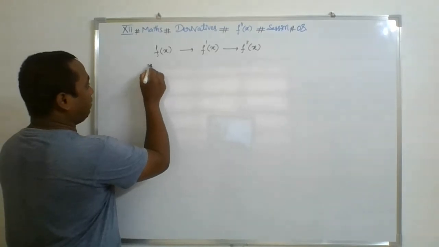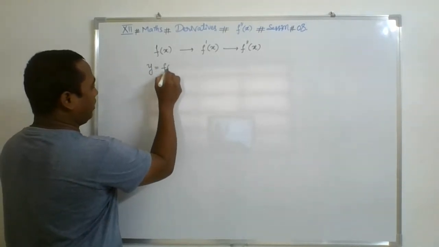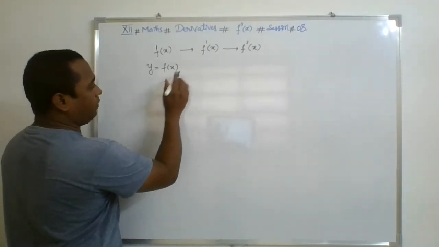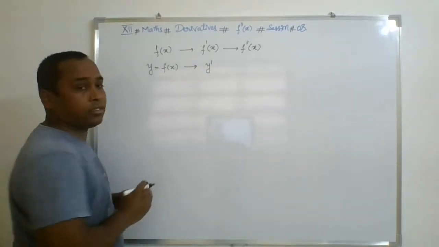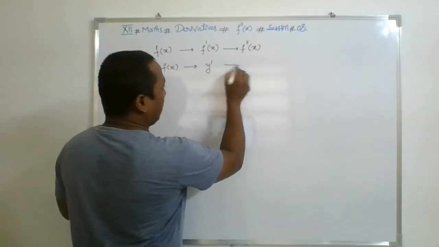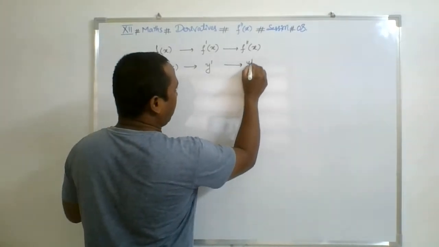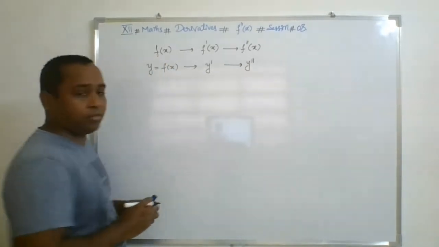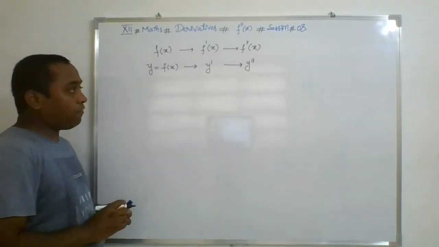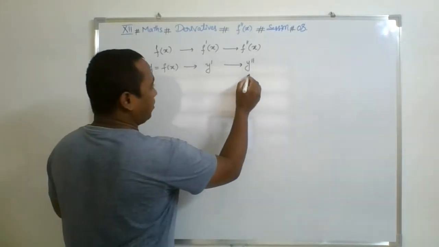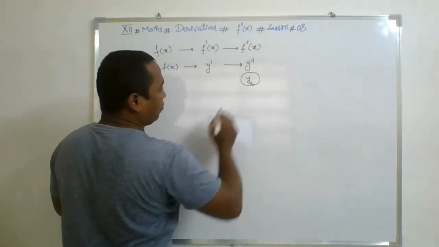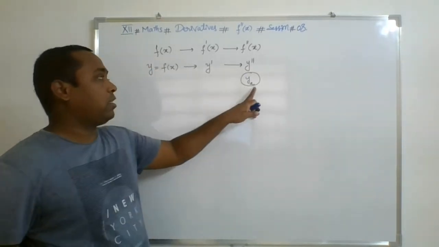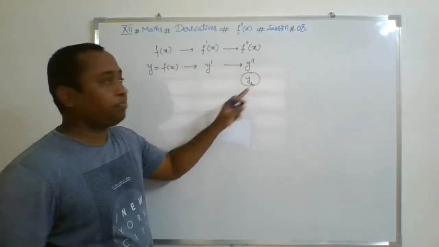If the function is defined like y is equal to f of x, y is a function of x, then the single derivative is denoted by y dash and the double derivative is denoted by y double dash. Now, for the sake of convenience, sometimes the double derivative is also denoted by y2, by writing 2 in the subscript.